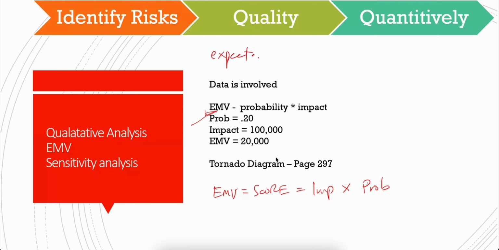Expected monetary value is a statistical technique used in risk management to quantify the potential impact of uncertain events on a project. Simple to understand, it is a quantity that you can derive by multiplying probability with impact. You do some multiplication and you get your EMV, and based on the EMV you can associate a dollar amount.